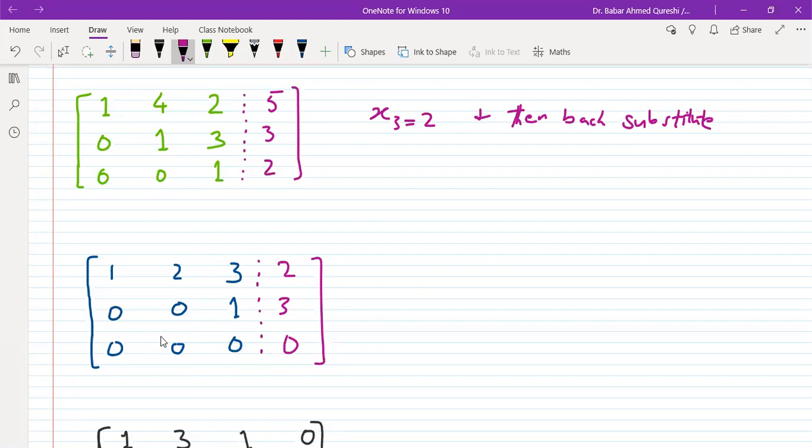This is not strictly triangular, but still row echelon. So it gives me x3, which is a lead variable, to be 3, and then another equation.